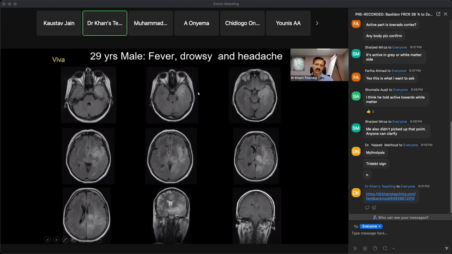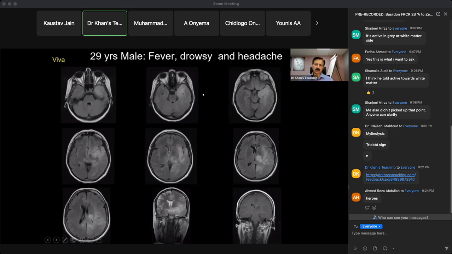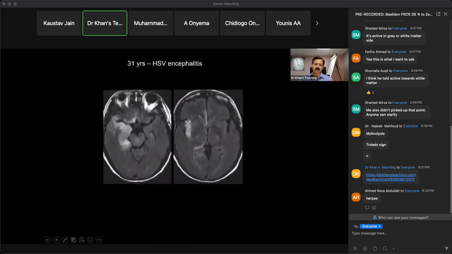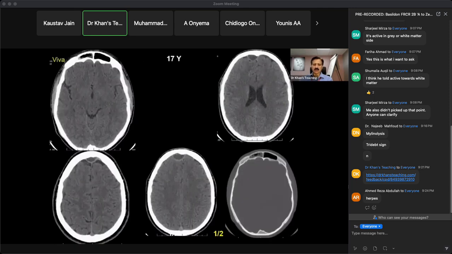In herpes encephalitis, what happens is that there is high signal, particularly in the medial temporal lobe, the insula and the subfrontal region. This case is classical. All of you can diagnose it, so we'll crack on. Nothing difficult in this case.